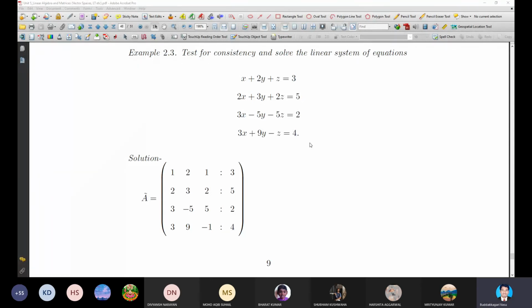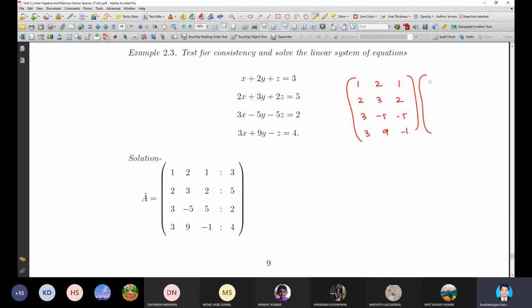First write down its matrix form: the matrix 1, 2, 1, 2, 3, 2, 3, minus 5, minus 5, 3, 9, minus 1, times x, y, z, is equal to 3, 5, 2, 4.